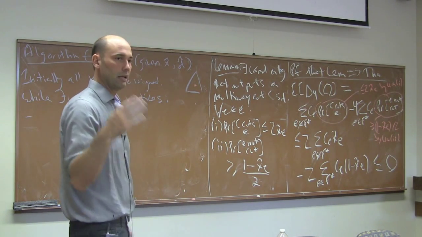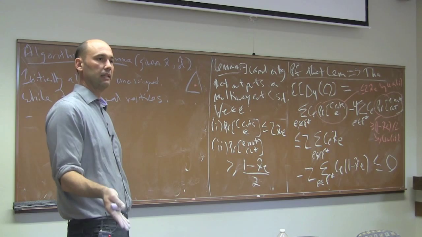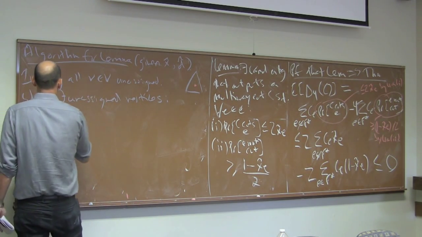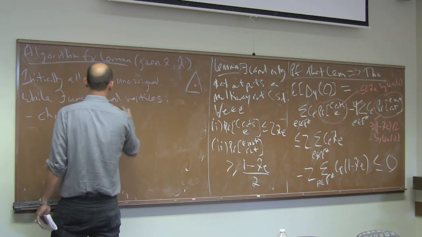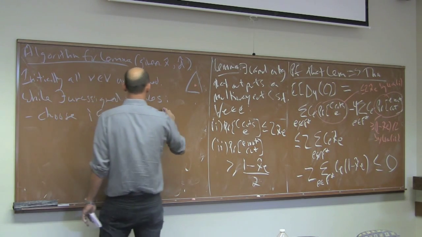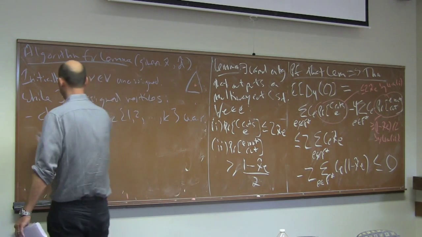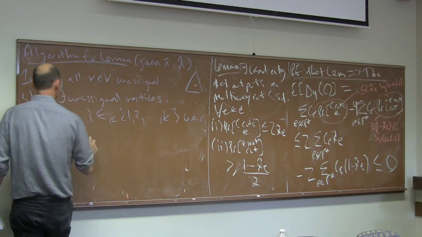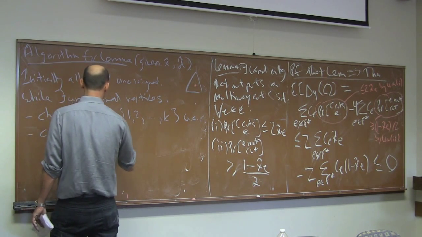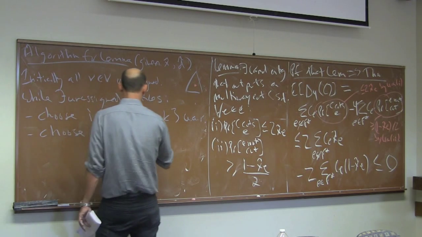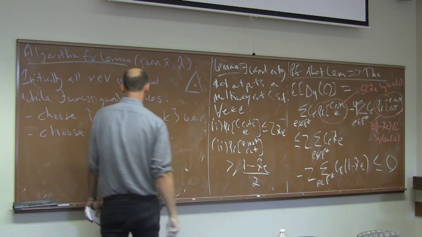The other one will be a random group, which is who you're going to assign labels to in this particular iteration. So you choose a group between 1 and k, uniformly at random. And you choose a threshold, R, again, uniformly at random. Okay?